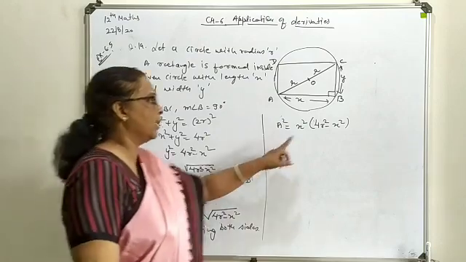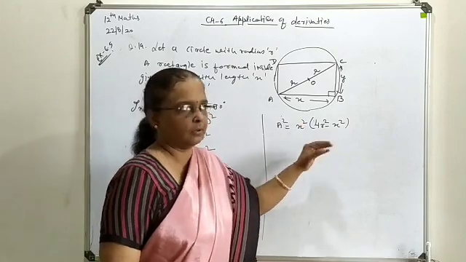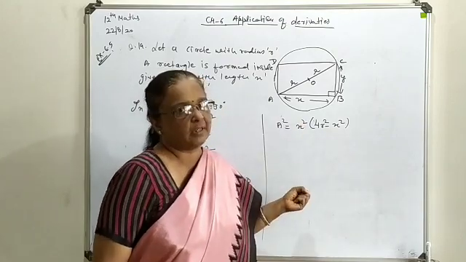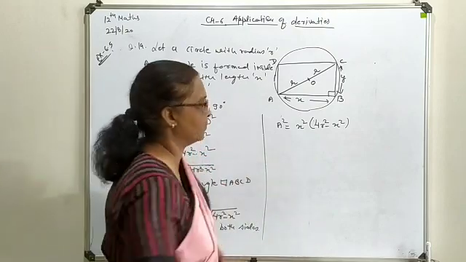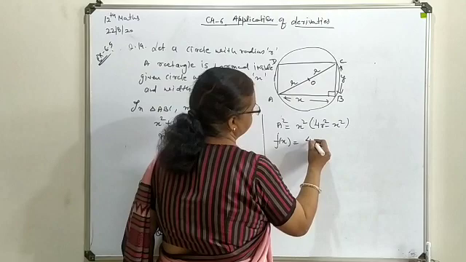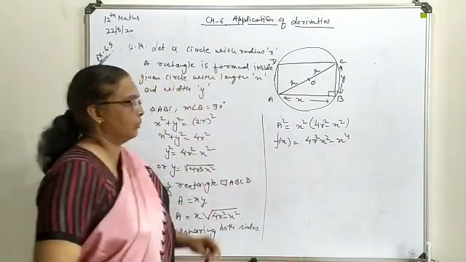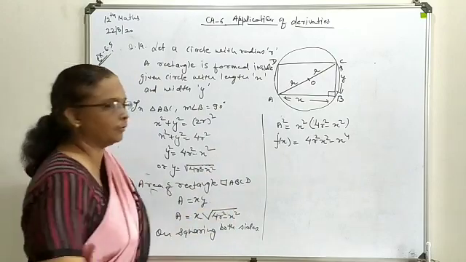Here r is a fixed quantity and x is a variable, so the whole function can be described as a function in terms of x. So this is your f(x). Multiply them. Now go for the first derivative with respect to x.